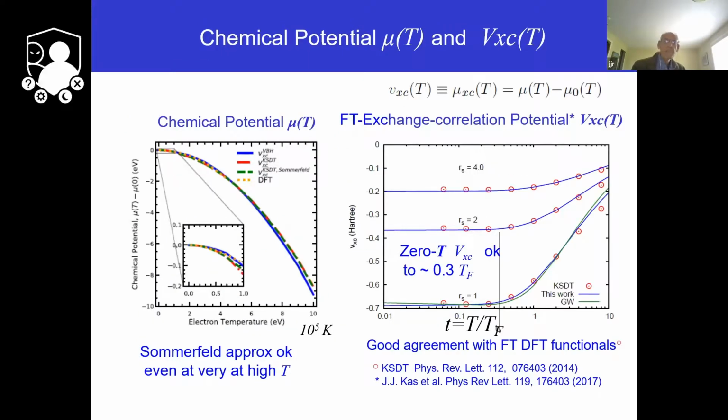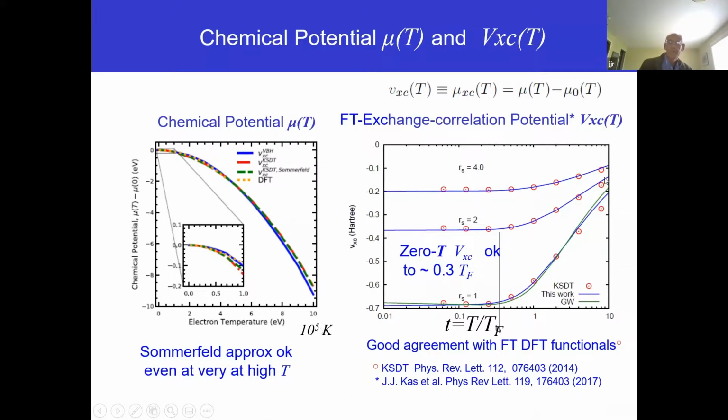When you go up in temperature to very high temperatures, what happens is that the edge actually gets lower, and that's because the Fermi function starts at lower energies, and you get what's called continuum lowering. That can be calculated by this Sommerfeld expansion. And it works quite well, even up to 10 to the 5th Kelvin.